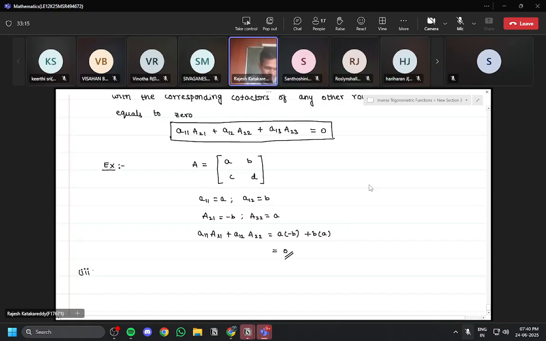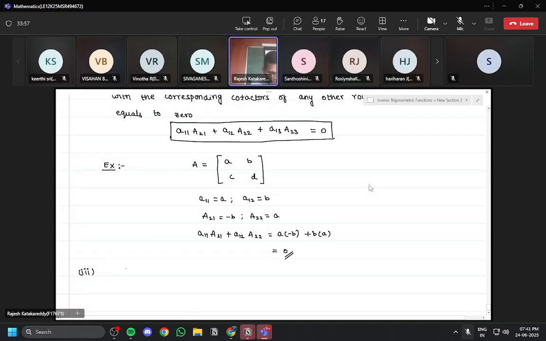So the third one, I'll just dictate, please write for me. Adjoint of an upper triangular matrix is upper triangular matrix. Adjoint of any triangular matrix is triangular matrix. Clear? That is the third one.